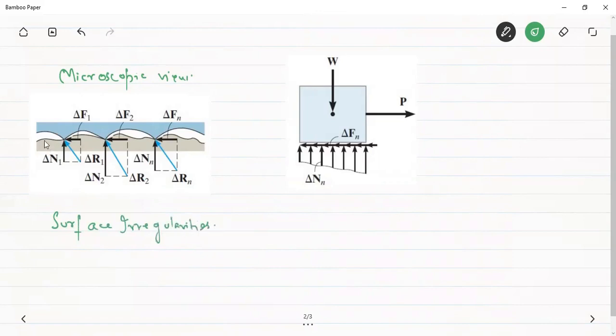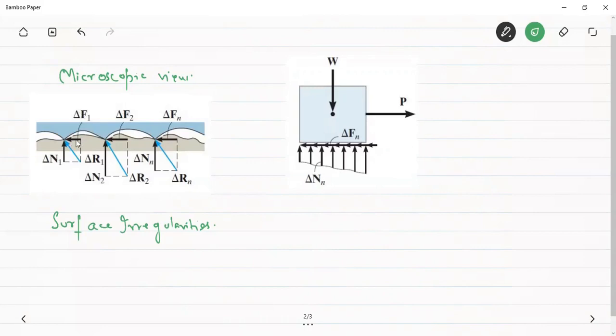All the points of the block are not in contact with the ground. It has also been seen that the normal reactions at different points of contact are different. Here, this is one point of contact. The normal reaction on this point is delta N1.